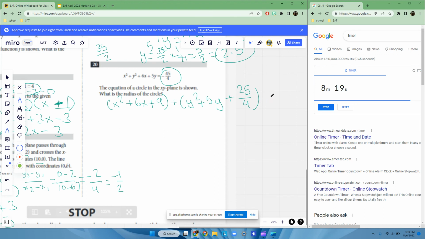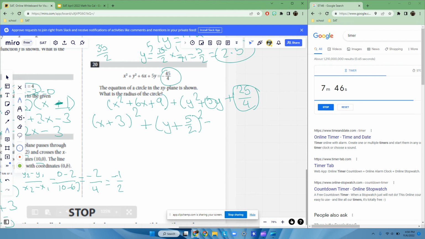Now we're just going to factor them out. I know this is equal to something, but for now we're just going to leave it like this. I think the common factor here is 3, so x plus 3 squared plus y plus, common here, we could take 5 over 2 because we have a fraction here, so we have to mind the 5 here. We're just going to simplify that with this, and we put a square over here.